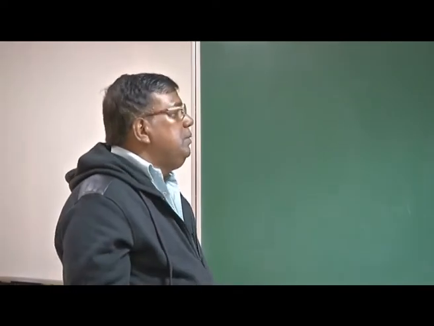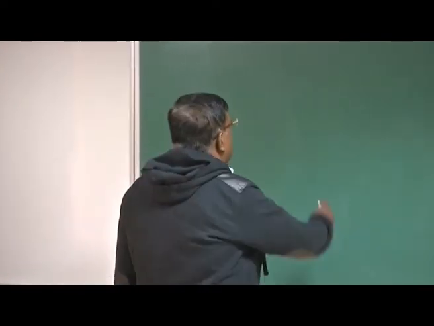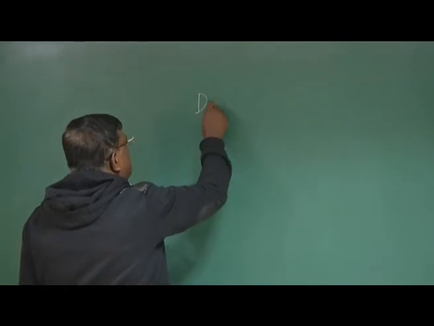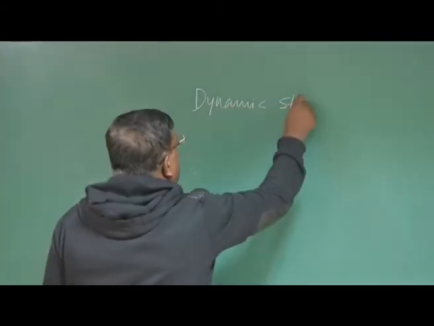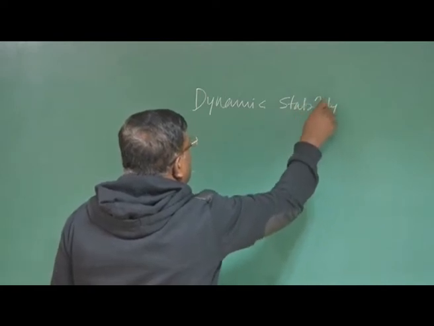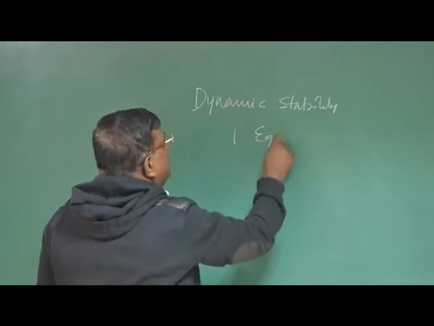So what are the steps required here? If I want to go for a dynamic stability study, what I will do first of all is think of equations of motion.